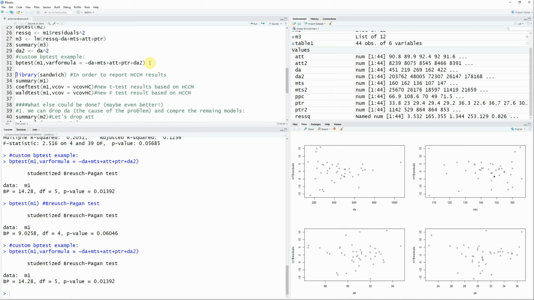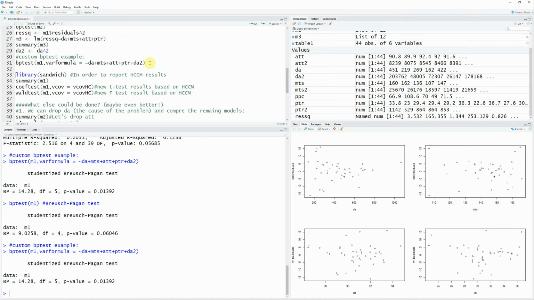So if the frequentist statistician was using this custom one, even at the 5% significance level, he couldn't fail to reject the homoskedasticity, and he has to reject the homoskedasticity and know that, oh, I have a heteroskedastic model.